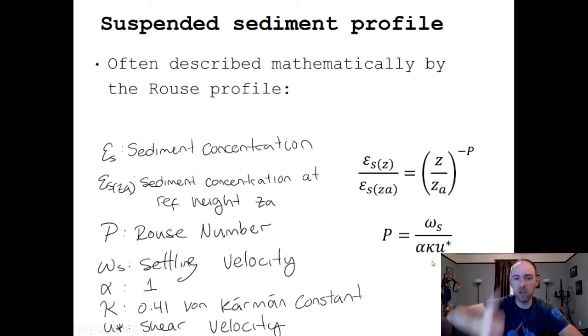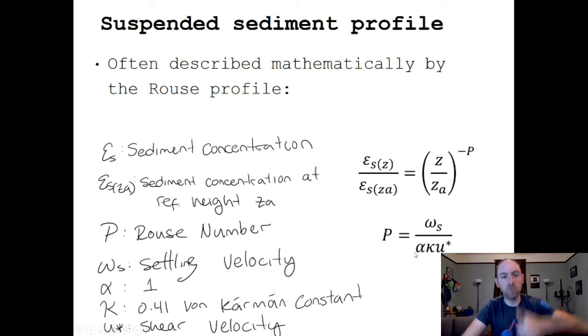This is the turbulent diffusivity term upwards, okay? This is what is causing sediment to want to move upwards into the flow and create suspension in the flow. And it's a function of this term called alpha, which we just take as 1 in most fluid systems. It can vary in high concentration flows, but we won't go into that.